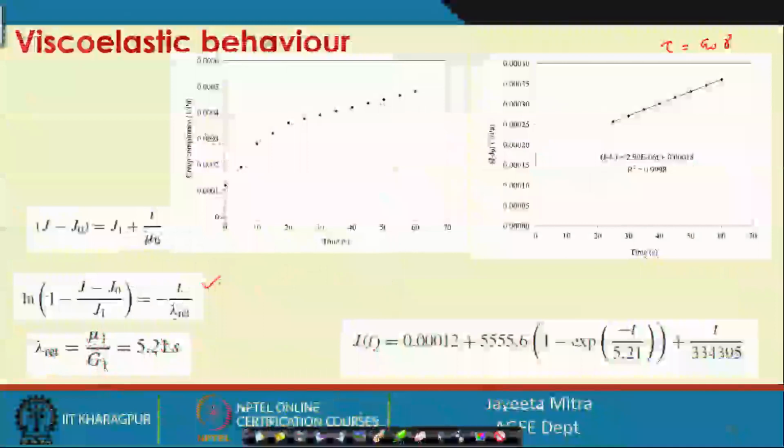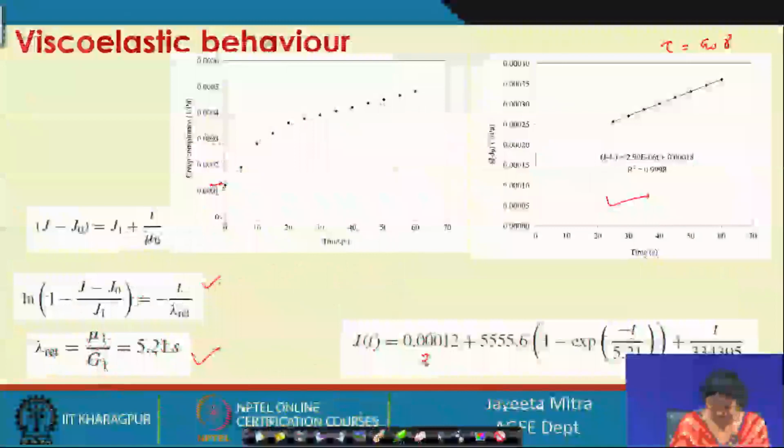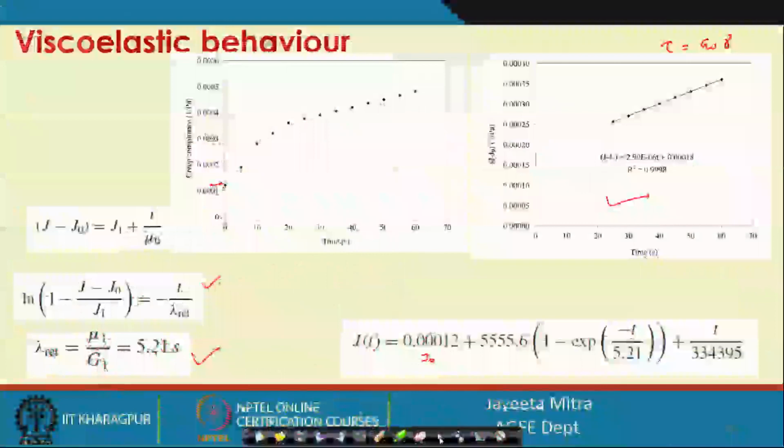So, we will just put all the values that we get from here and also from this section, that is from the curve section with respect to time. So, we will get finally this plot. Okay. So, first this creep behavior here, that we are getting J 0, okay, as we can see in the equation.